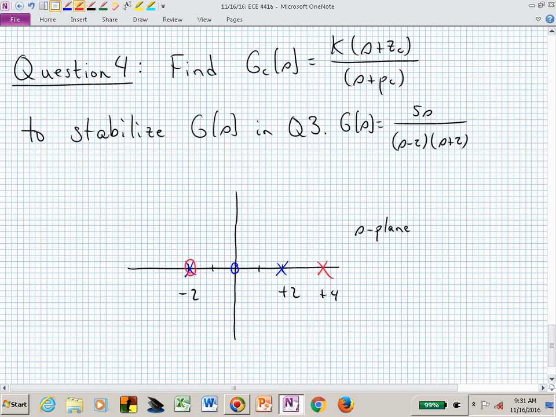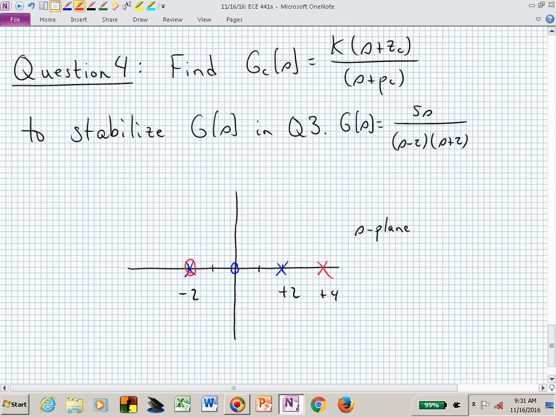So you really have 4 segments. One from 4 to plus infinity, between 2 and 4, between 2 and 0, and from 0 to minus infinity. 4 pieces. You can really sort of virtually erase that pole-0 cancellation, cover it up if that's messing you up in terms of thinking about how to sketch the root locus. It's virtually gone.